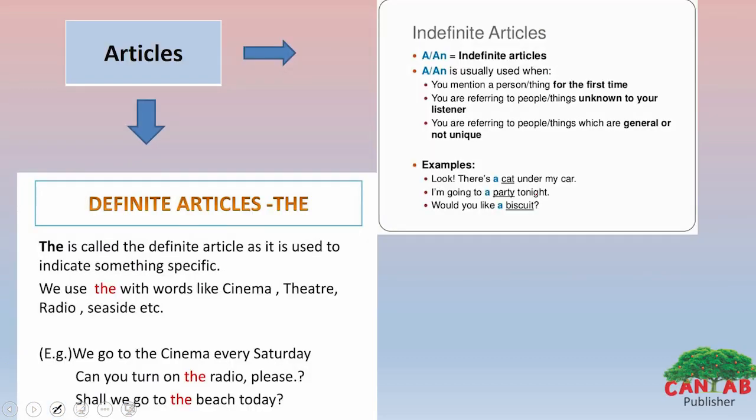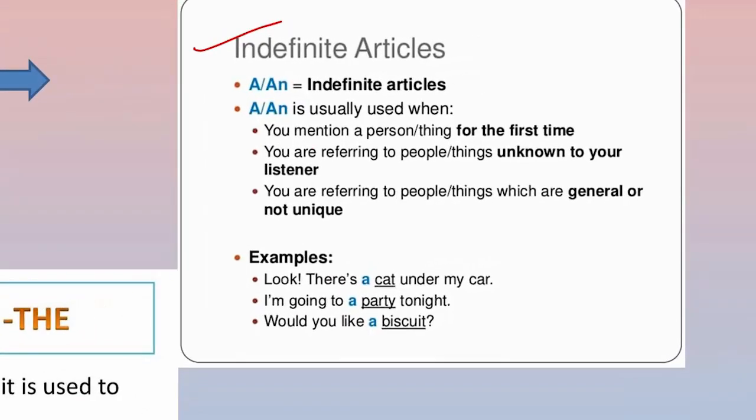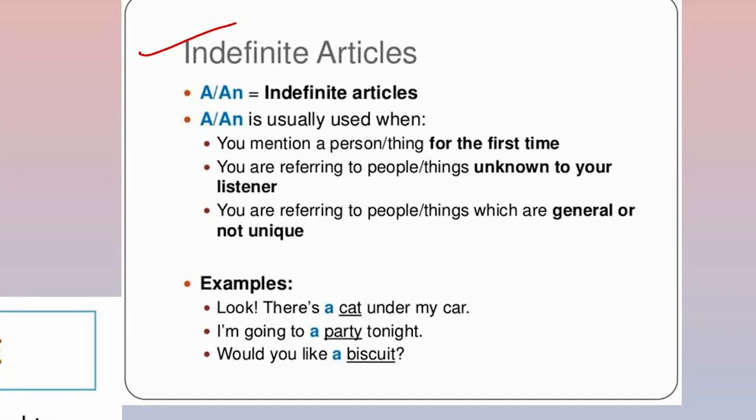We have two types of articles: indefinite articles and definite articles. Let's discuss indefinite articles first. A and an are indefinite articles. A and an are usually used when you mention a person or thing for the first time.